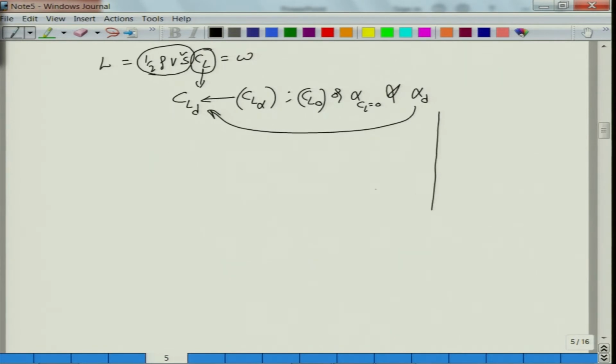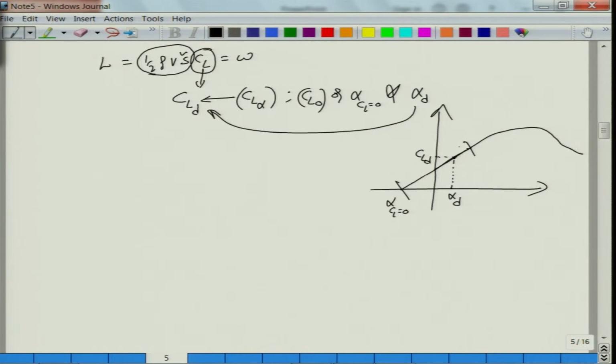Do you remember this formulation? We assumed a linear variation of CL with alpha up to a certain domain. After that there will be nonlinear variation near stall, with a loss in lift. Within the linear regime, we have alpha at which CL is 0, which we discussed many times. Let us say this is my CL design, CLD, and the corresponding alpha at which I can achieve this CL design is alpha d.